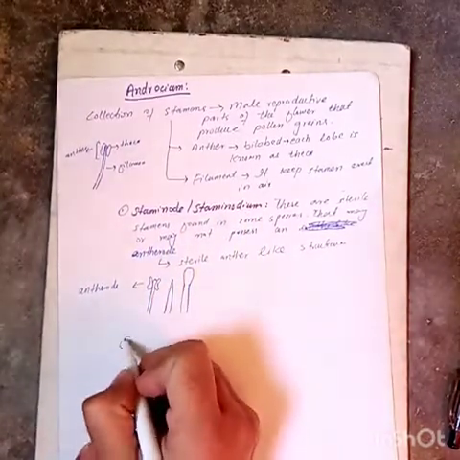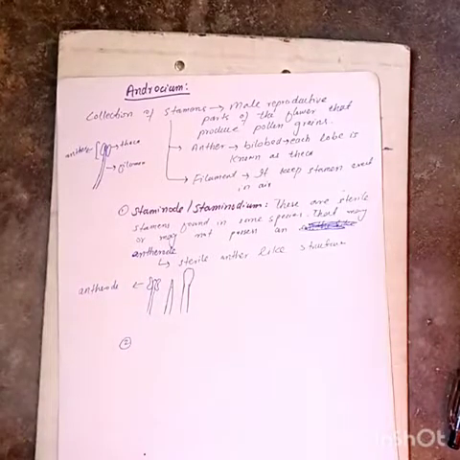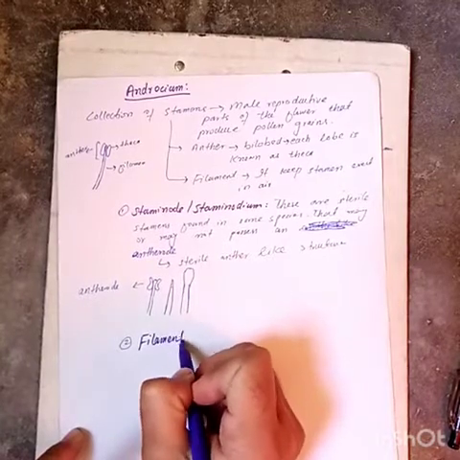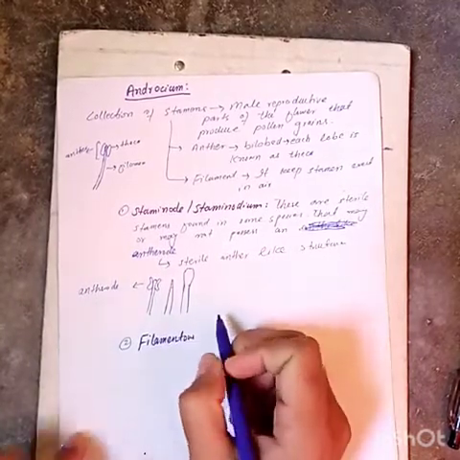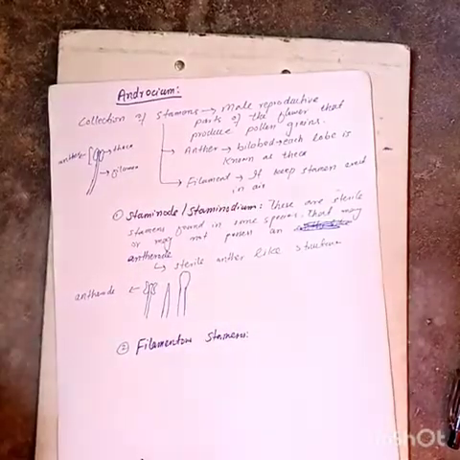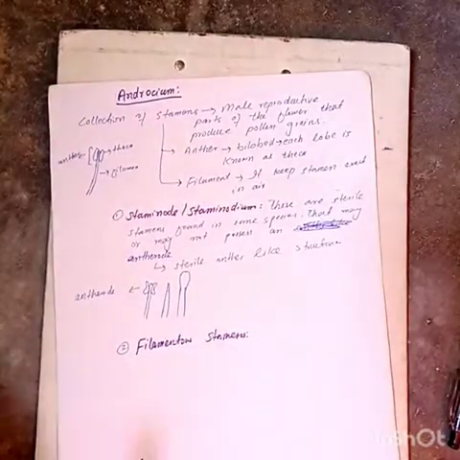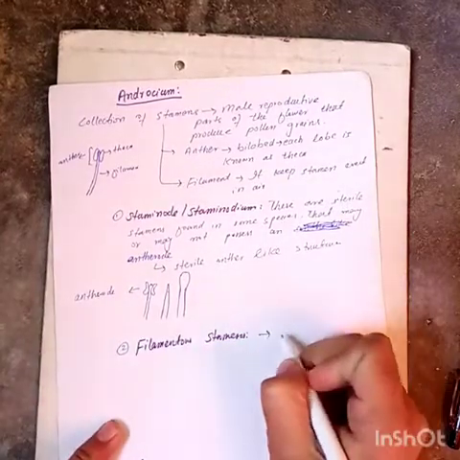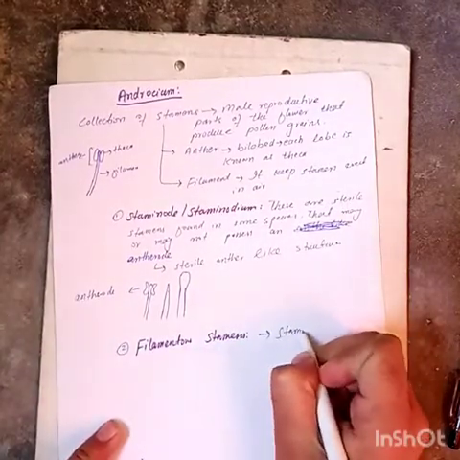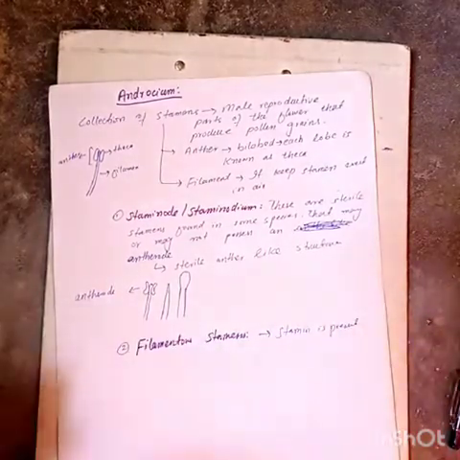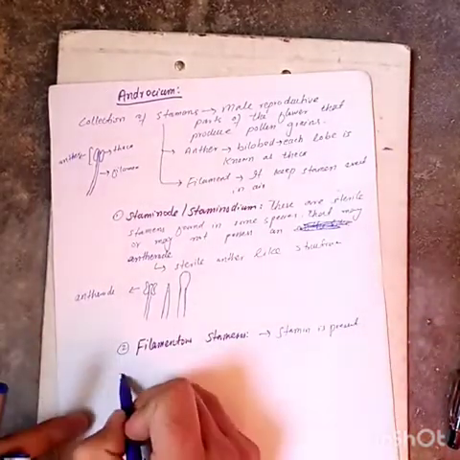Number 2 is the filamentous stamens. This is the simple one. Those having a filament, the stamen is present. The other type is laminar.